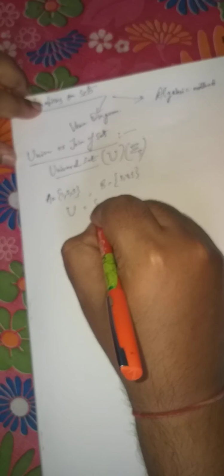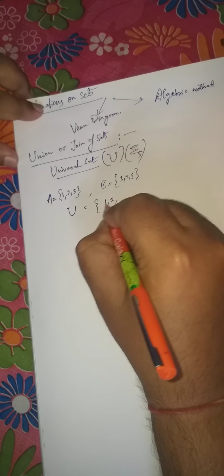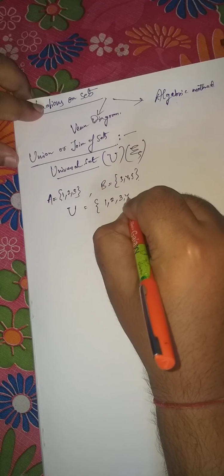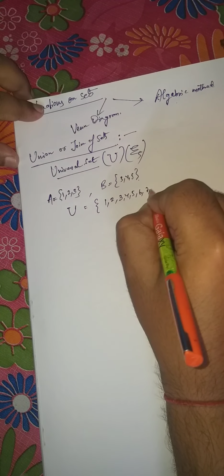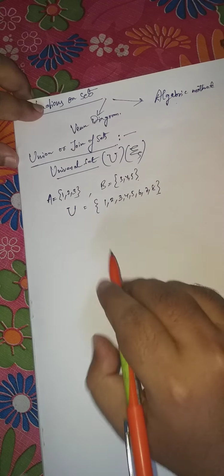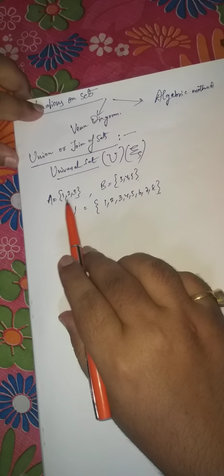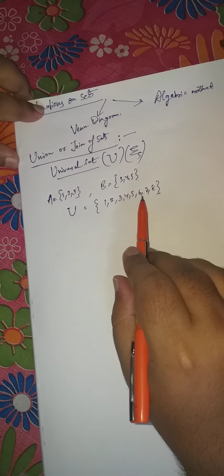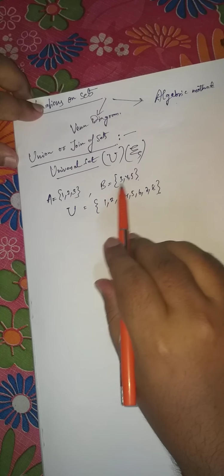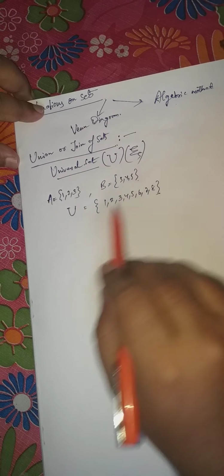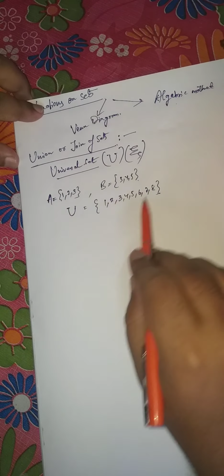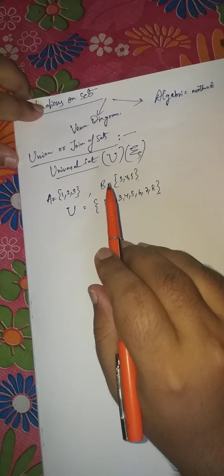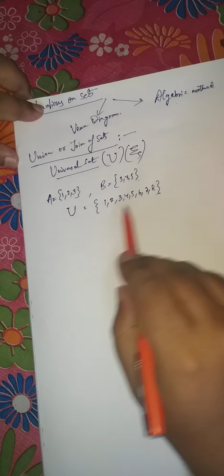Suppose I take one more set, {1, 2, 3, 4, 5, 6, 7, 8}. All the elements of A and the elements of B are also in this set. So this set will govern both the sets.